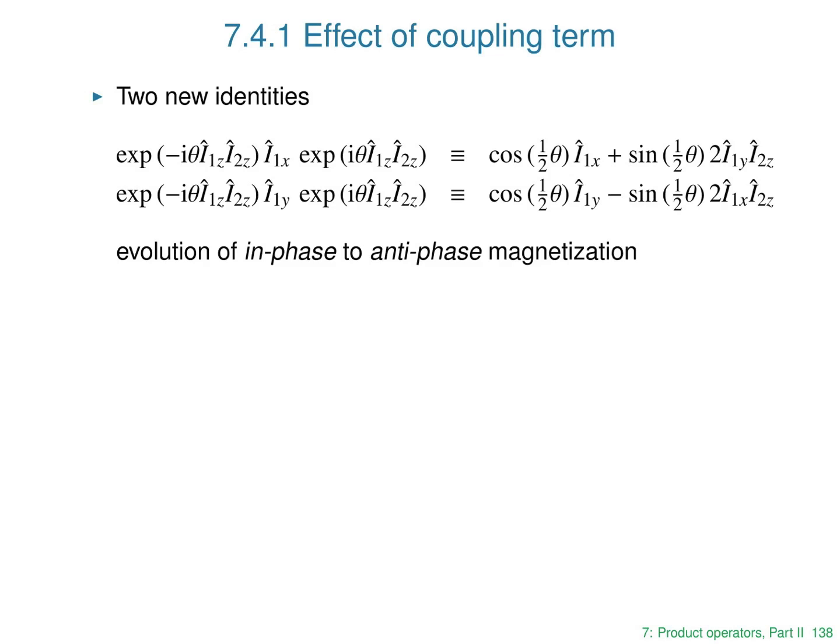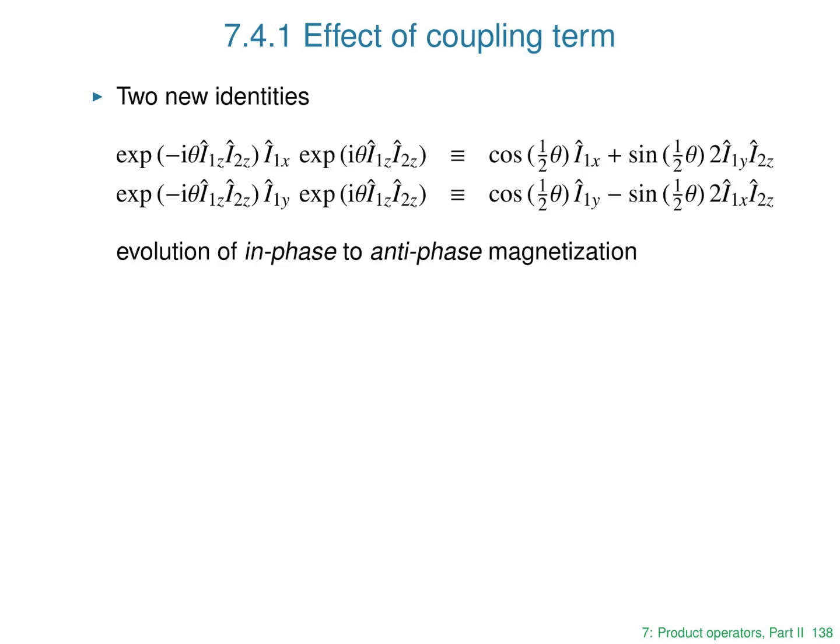And you'll notice what's happening here. Under the influence of coupling, the in-phase term, I1x, is evolving to the anti-phase term, 2I1y I2z. The in-phase term, I1y, is evolving to the anti-phase term, 2I1x I2z.